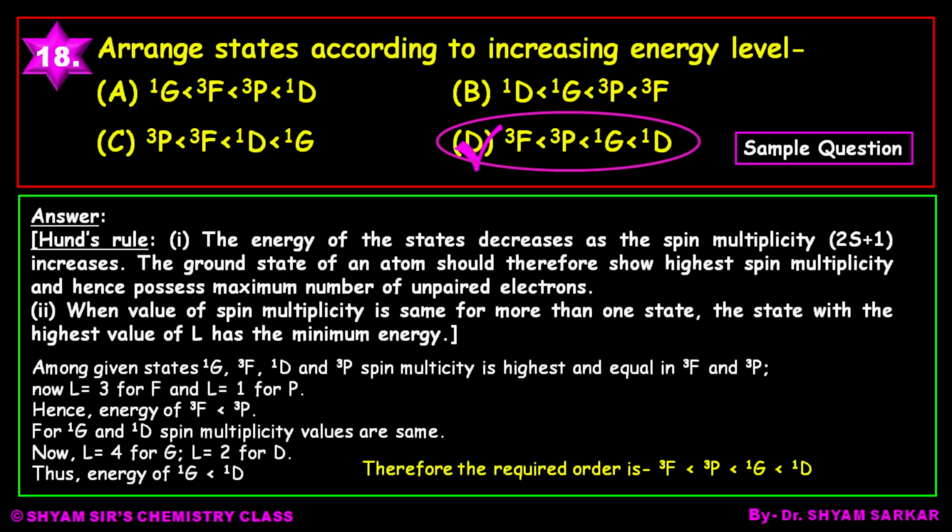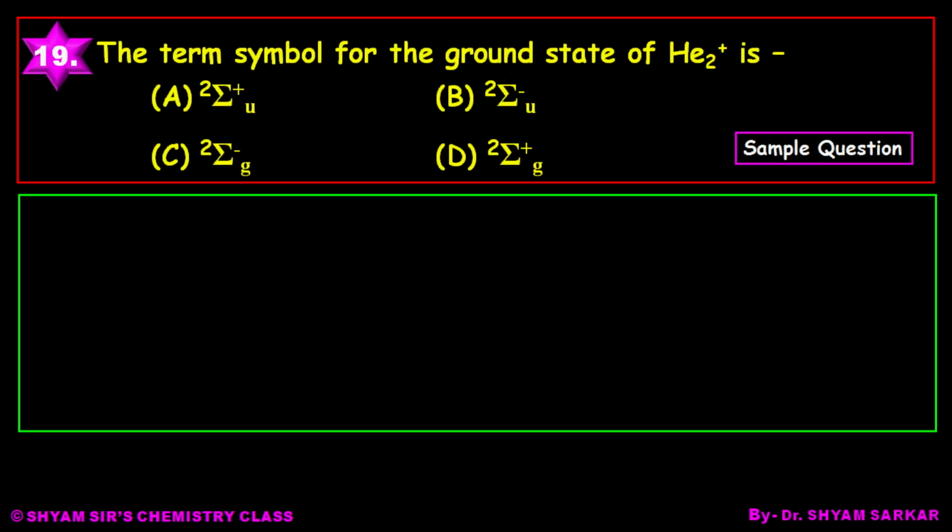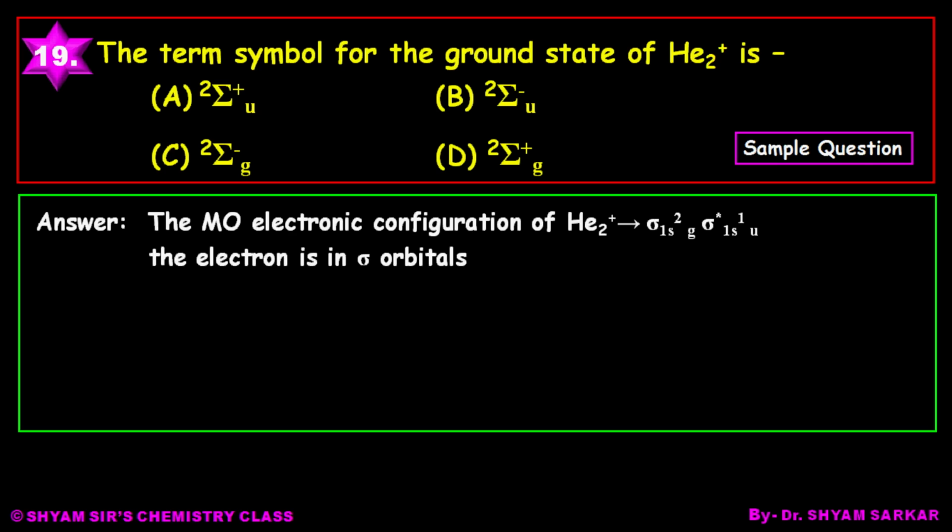Okay. So next question. The term symbol for the ground state of He2 plus ion. He2 plus ion means here you have to go with the molecular term symbol. So this is the molecular level term symbol. For the molecular orbital electronic configuration of He2 plus, it is sigma 1s2 g and sigma star 1s1 u. So the symmetry is different.